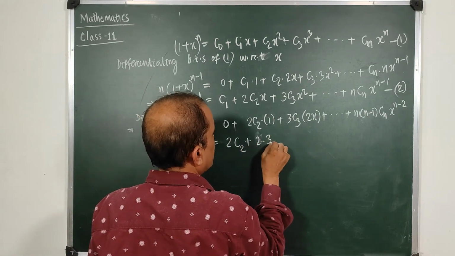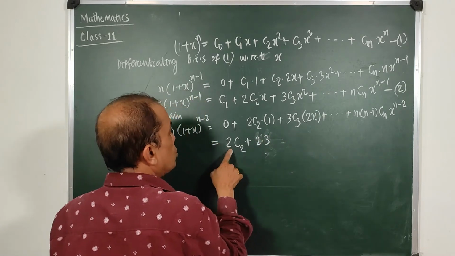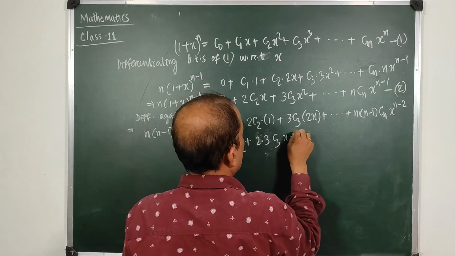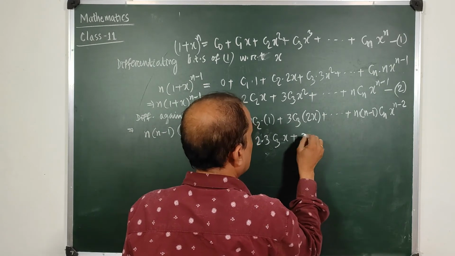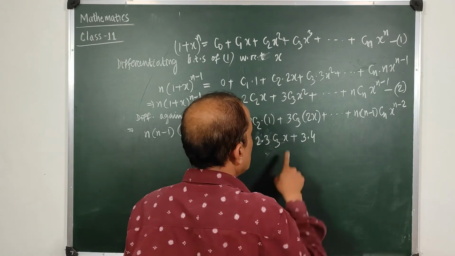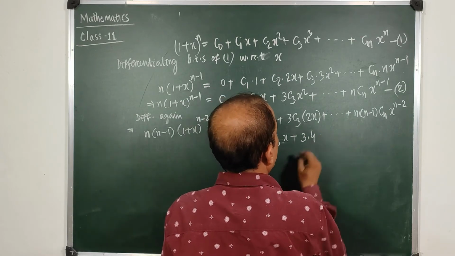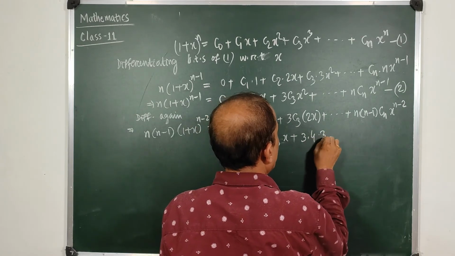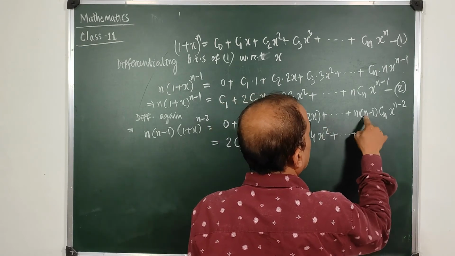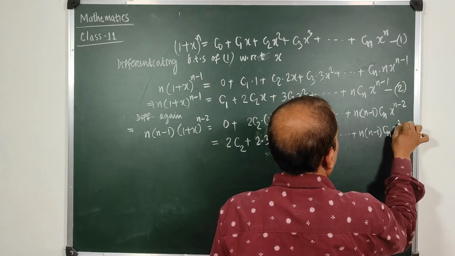which on simplification will give me 2C2 plus 2 into 3 C3 x plus, next can be understood as 3 into 4, because this is 3C3, next will be 4C4, so 3 into 4 C4 x², and the last one will be n into (n-1) Cn x^(n-2).